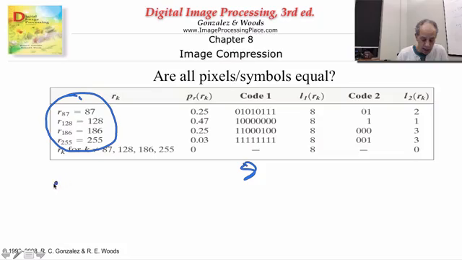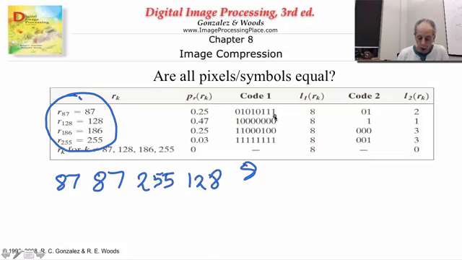That means that, for example, if I want to store or send the pixels 87, 87, 255, 128, instead of writing all of these in full, which would take me 4 times 8, 32 bits, I'm going to write it the following way. 87 is 01, 87 again, 01, 255 is 001, 128 is 1.